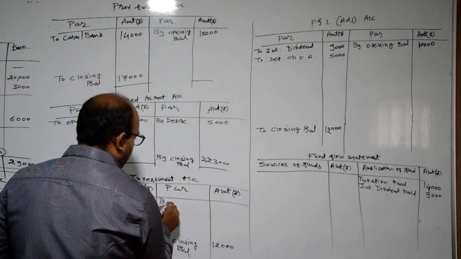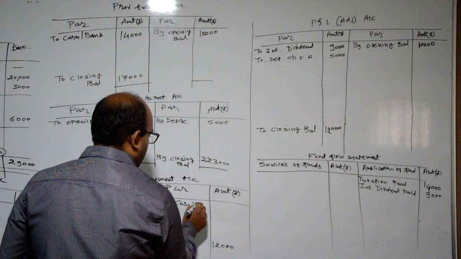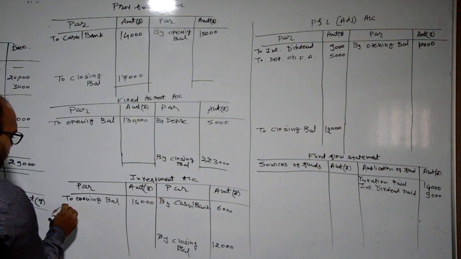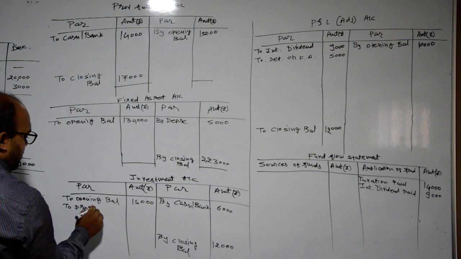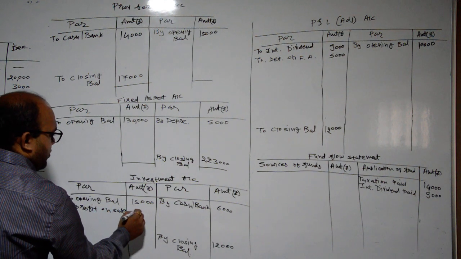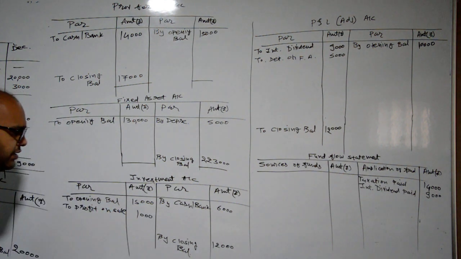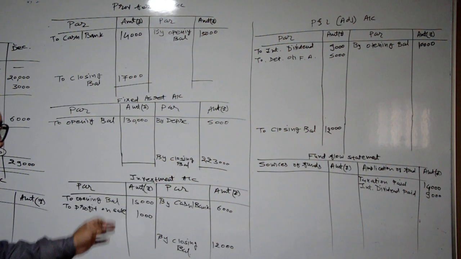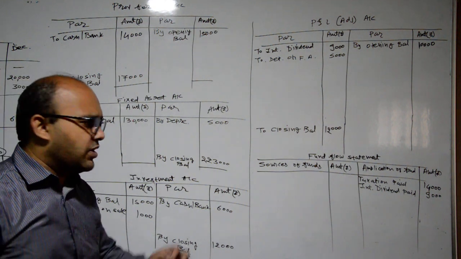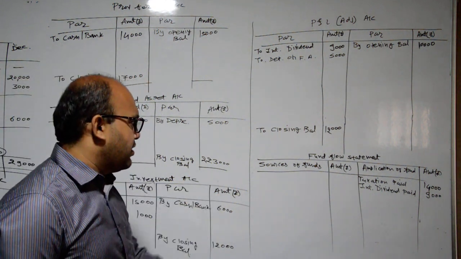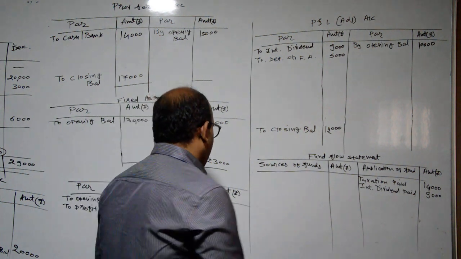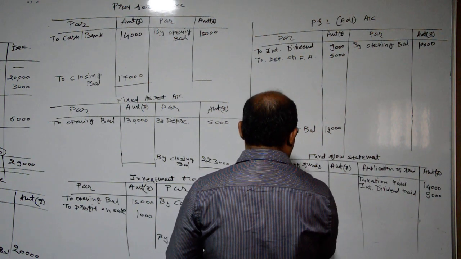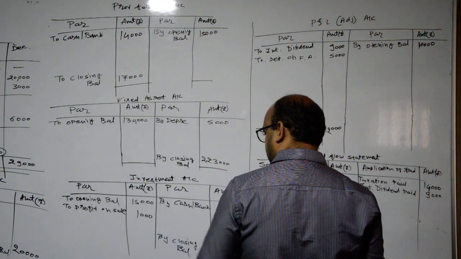Here the effect will be given by cash or bank, 6,000, then profit on sale, 1,000. When we sell investment, we receive some amount, and it will have an effect on the sources of funds side, means sale of investment, how much amount?